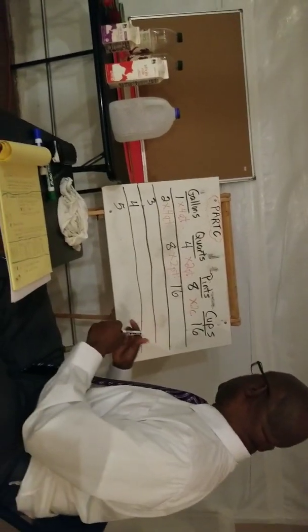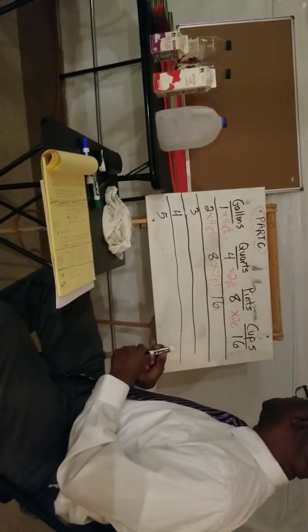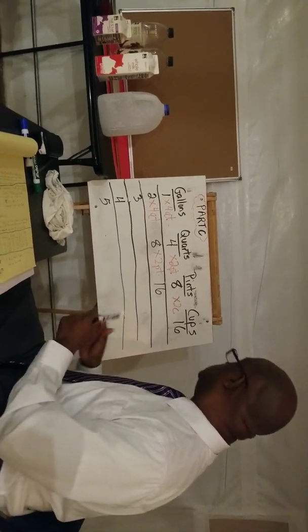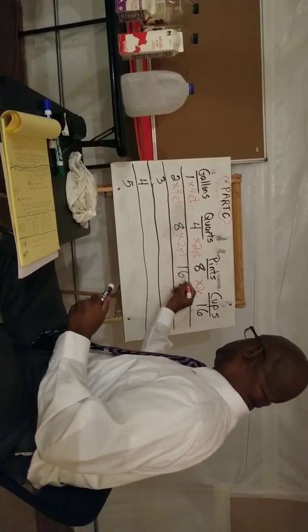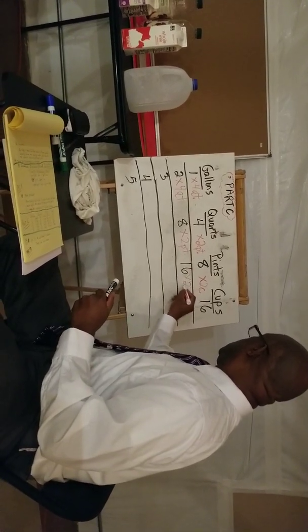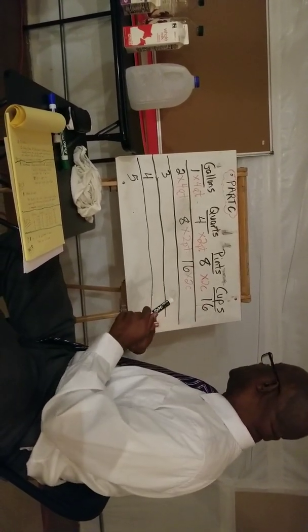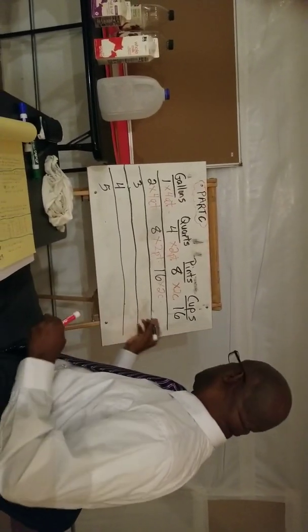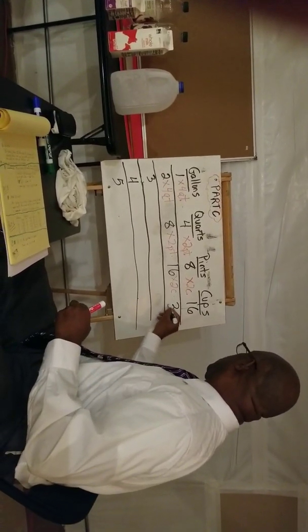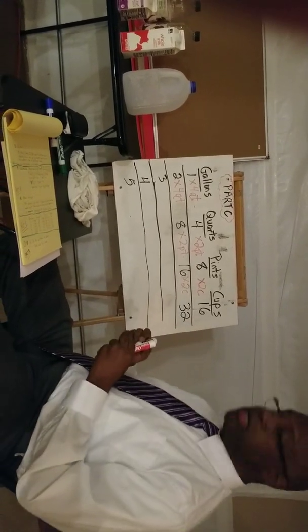Now, we know that there are 2 cups in every pint. So in order to convert, we will multiply 16 pints times 2 cups, and that will give you 32 cups.